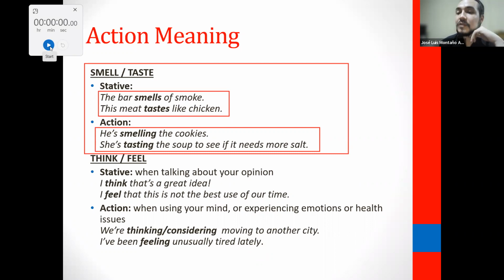Remember, the action verb is for people. I am smelling, he is smelling, they are smelling. The base form, or simple tenses, the stative form, is for objects or even for a person, but when the person is not doing the action, when the person is producing that. Let's do it, please. We check in 3 to 4 minutes.